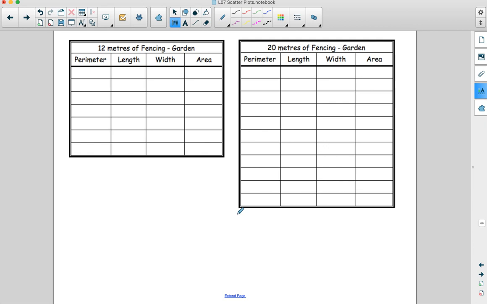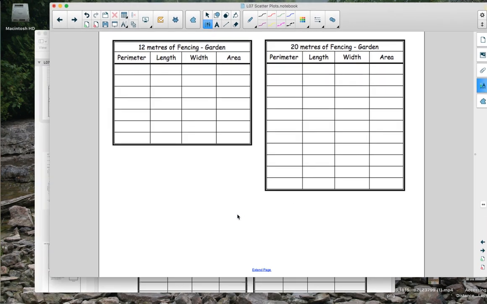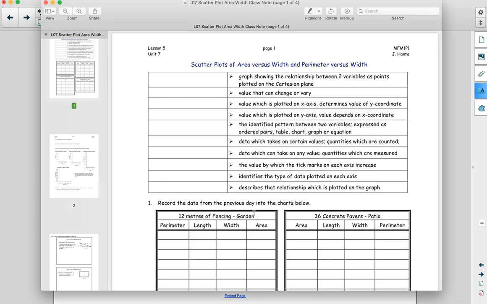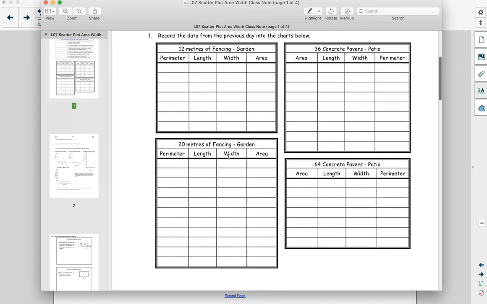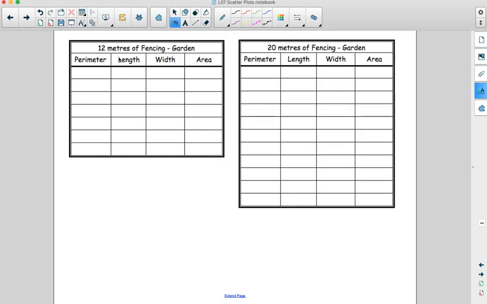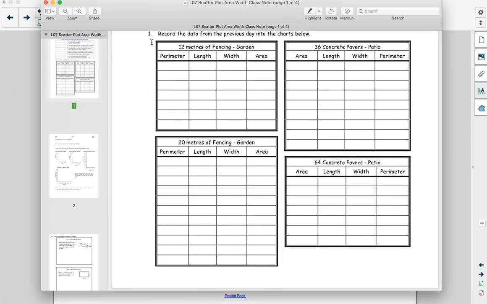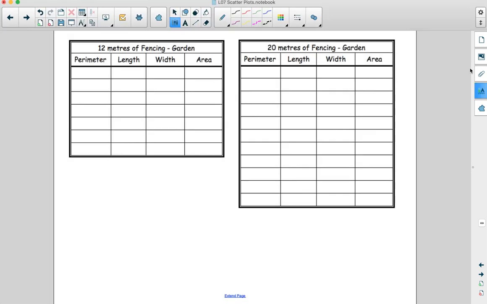All right, so what I need you to do now, if you have this sheet in front of you, this page here, 12 meters of fencing, 20 meters of fencing, that's referring to this chart and this chart. This one and this one. So those are the two you would be filling in.